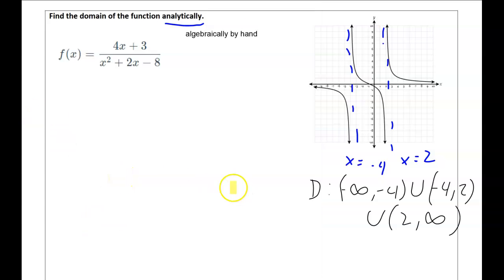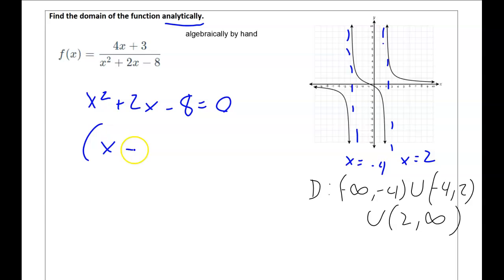So for this particular case, the way we would do this by hand, not given the graph, is I'd say, well, I need to find when my denominator is equal to 0. And notice this is the type of equation you know how to solve. So I would solve by factoring. And what is this one?